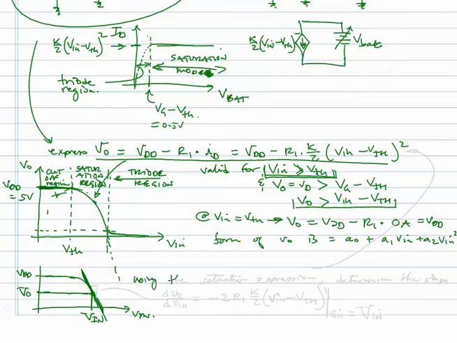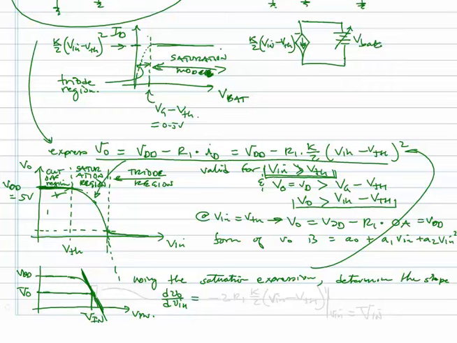So using the saturation expression, that is this guy here, determine the slope. Just do that by taking the derivative. We're going to look at dVO/dVn.